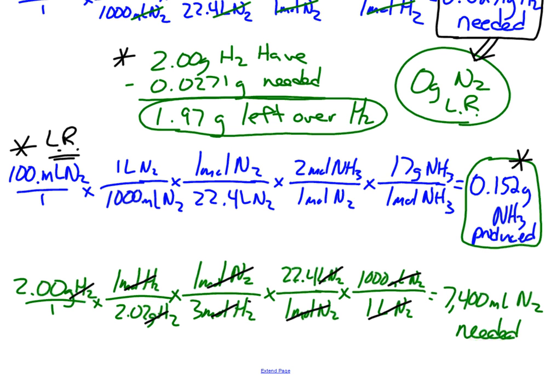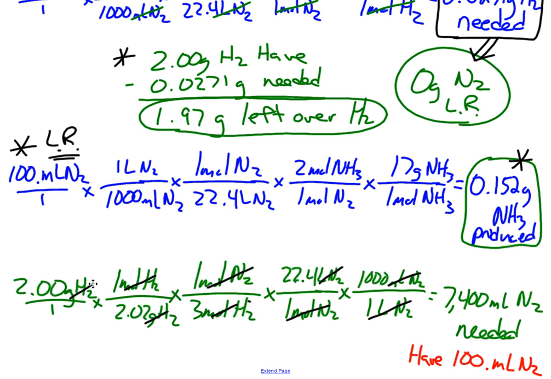Well, remember back in the problem, we only have 100 milliliters of nitrogen. So again, we do a little bit of thinking here and realize, oh, well, gee, we don't have nearly enough nitrogen, so nitrogen must be the limiting reactant. So regardless of which one you chose to start with, you would be able to determine what the limiting reactant is.